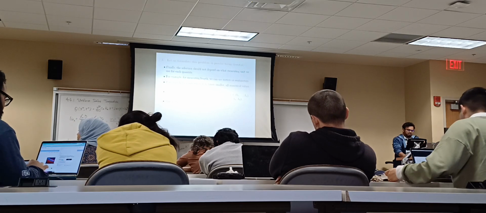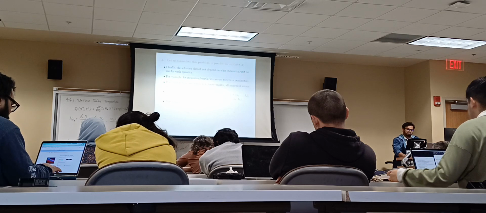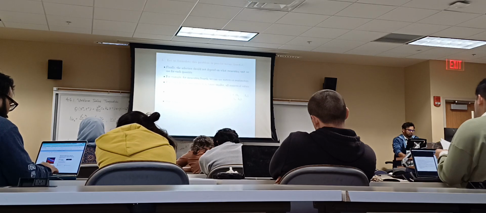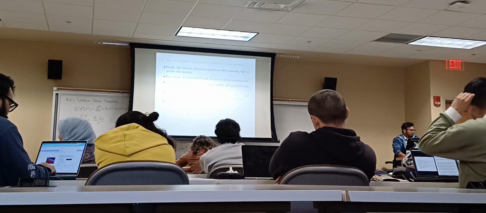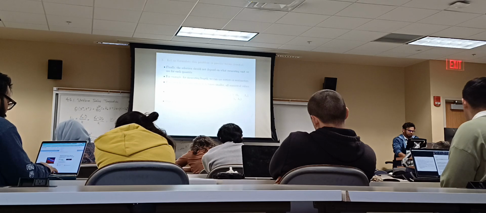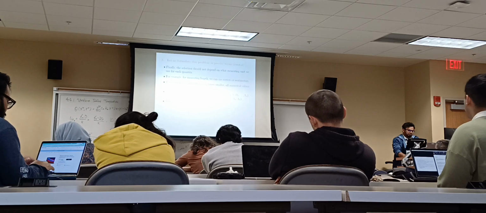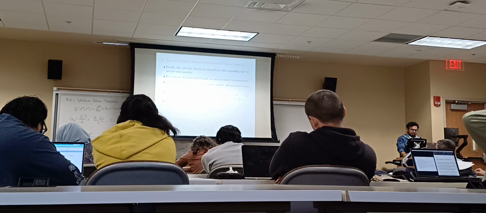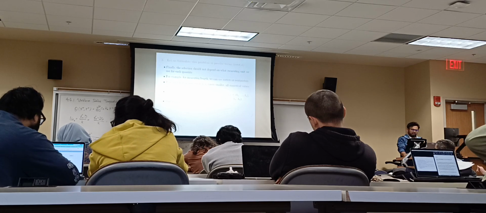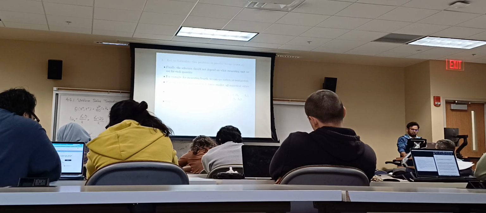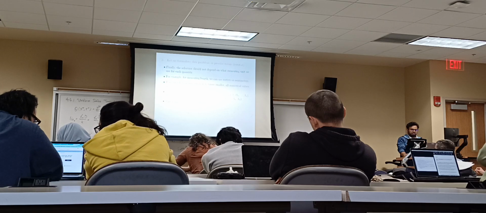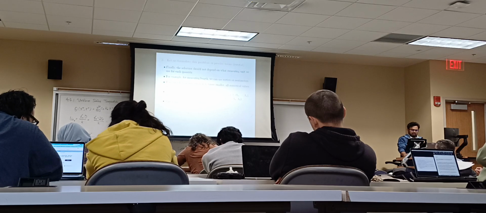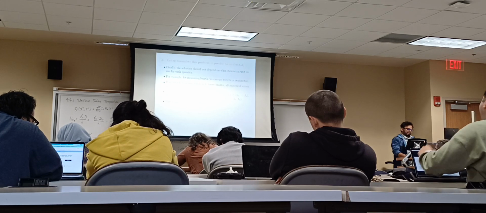So if we rescale both A and B by lambda, then if the point A1 to AN is better than the point B1 to BN, the rescaled point A should be better than the rescaled point B. This is called scale invariance.